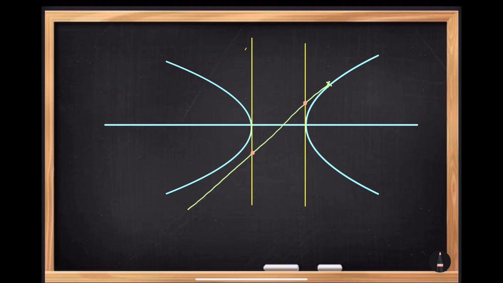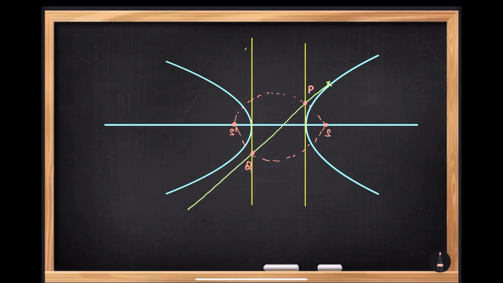Now you will have the foci, S dash and S. Suppose these are P and Q. So if you try to draw a circle passing through these 4 points, we will have a circle whose diameter will be PQ.